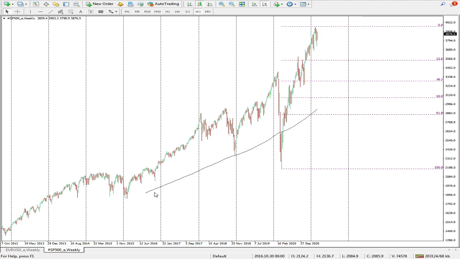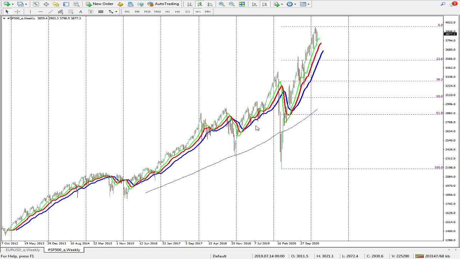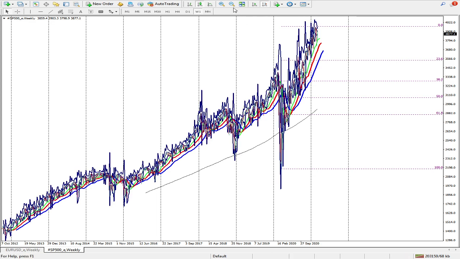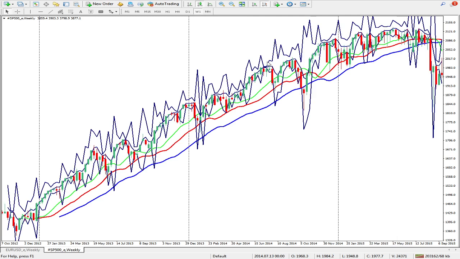This is the 20, the price is above it. If you attach another indicator, the alligator indicator, you'll see that we are also upwards, very much to the upper side. If you attach another trend indicator, maybe the Bollinger Bands, this too is showing us an uptrend.